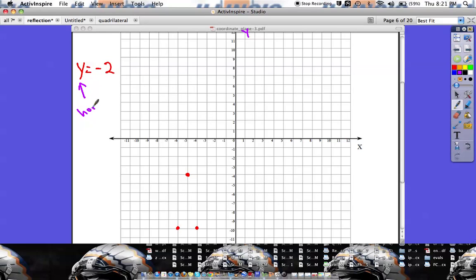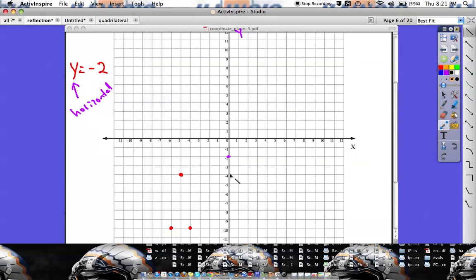So this is actually going to be horizontal. So we're going to want to have the line going like this. So here is -2. So our line is going to be going horizontal through -2. Just like that.